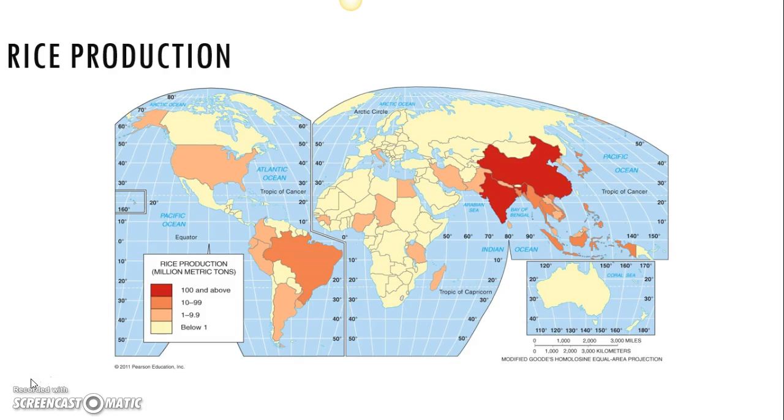Brazil falls into that category, interestingly enough. Parts of Papua New Guinea, parts of Southeast Asia, right? Malaysia and the like, Vietnam, and so forth. And then you've got your folks who grow a little bit, not a ton, a little bit. And that's like the US, 1.1 to 9.9 million metric tons, right?